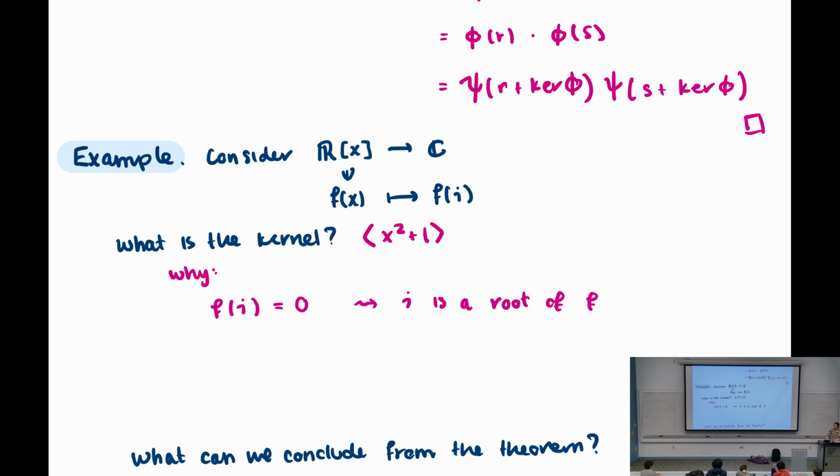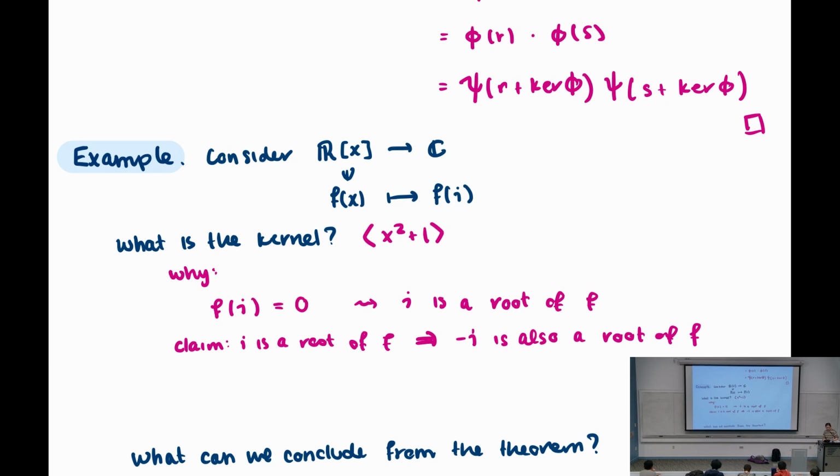And I claim, and you can check this, that if i is a root of f, then minus i is also a root of f. You can just check this by hand for any polynomial f.